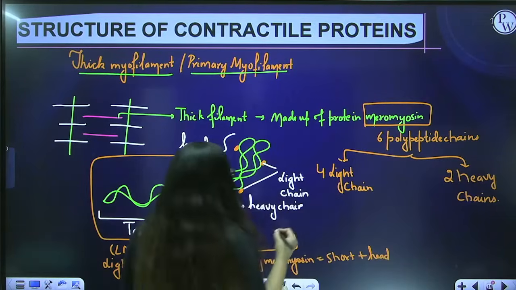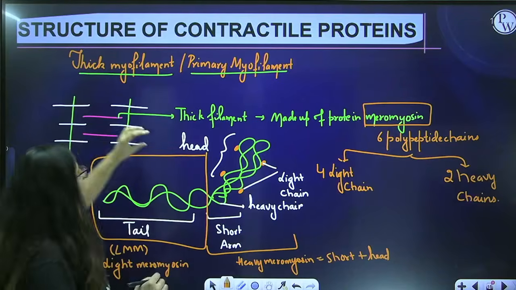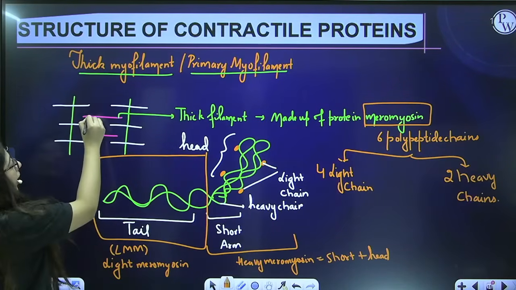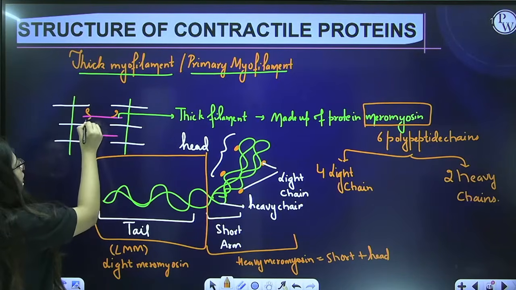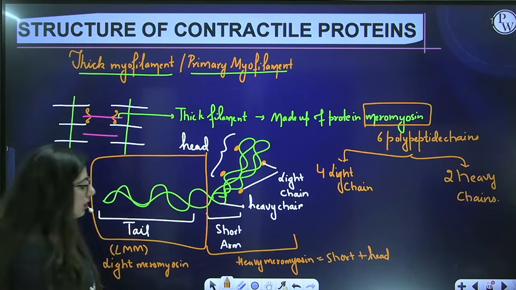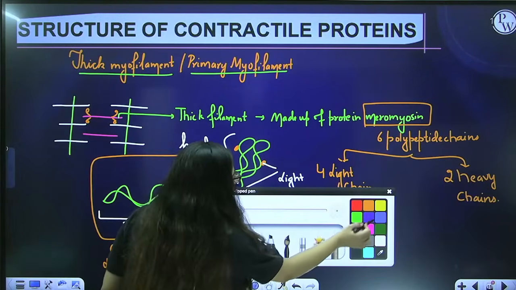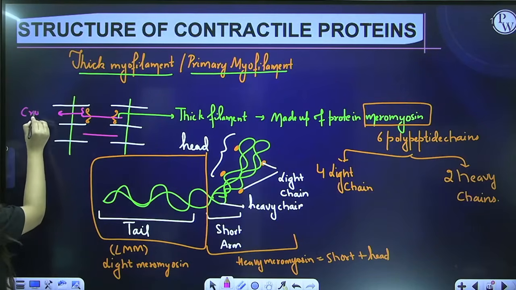Now this heavy meromyosin is sometimes present in a projected manner like this. If I show you here, the head and short arm emerge out like this from the thick filament. This structure is known as the cross arm. So what is the cross arm?